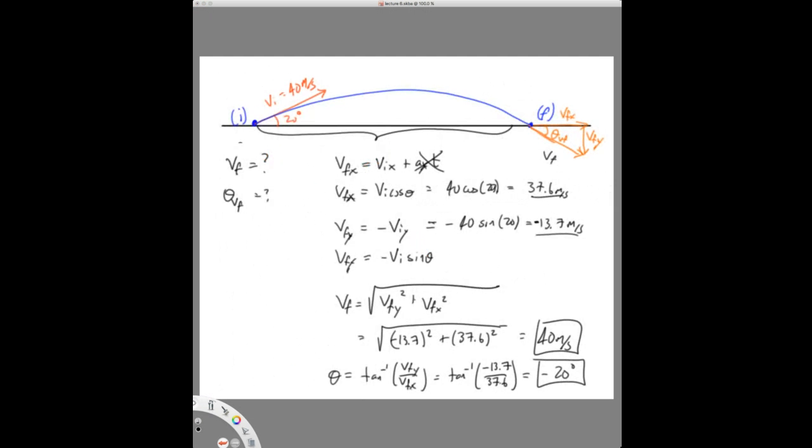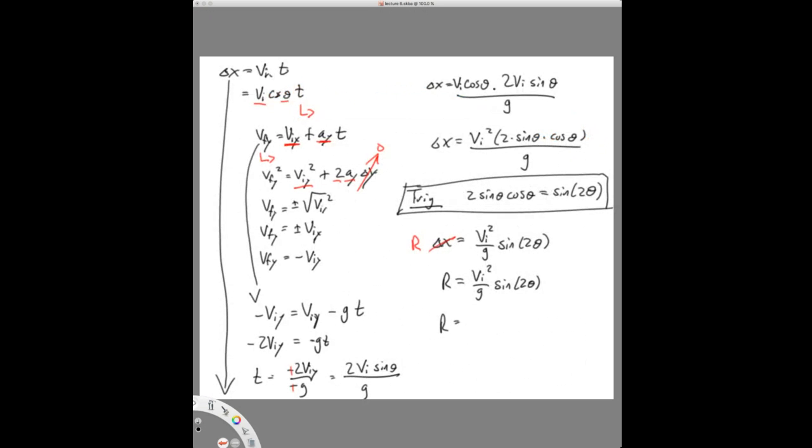We had 40 meters per second. So 40 squared over 9.8 times the sine. This is not theta, it's 2 times theta. So that's 2 times 20. Let me make that a little more clear that these are thetas.